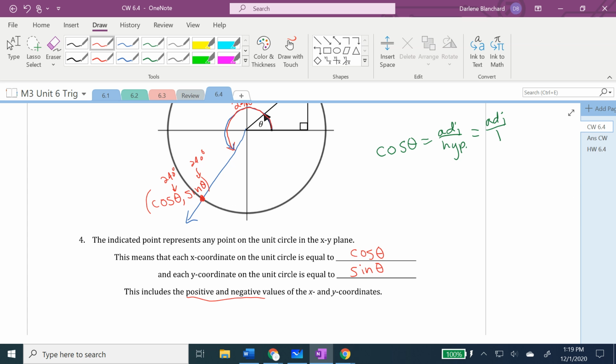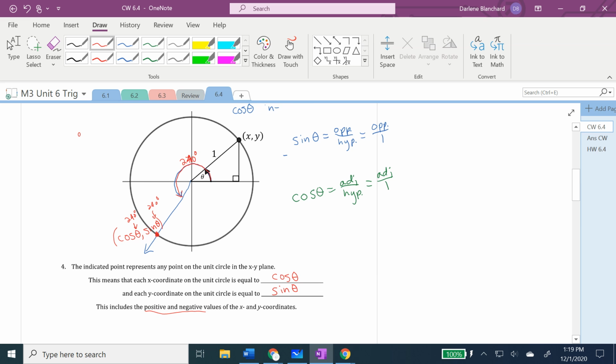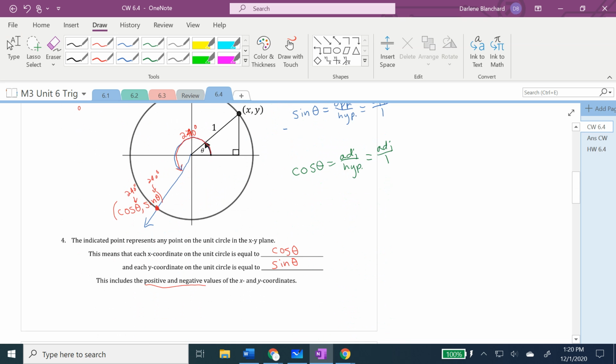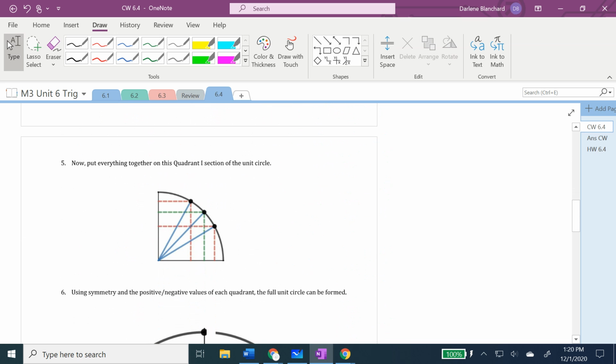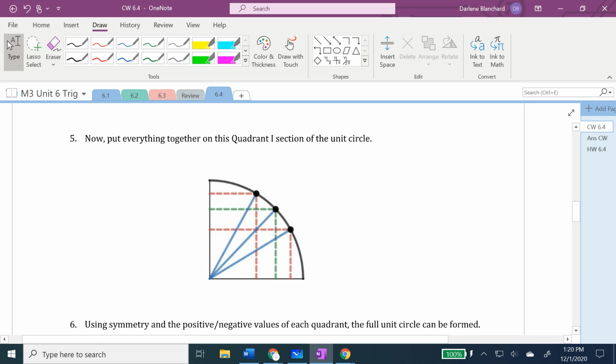Now, let me tell you that we can painstakingly go through a lot of work in each of these 4 quadrants using our knowledge of the special right triangles to see how the sine and the cosine show up as positive and negative in the quadrants they're in. But again, that gets redundant and takes a bit of time.